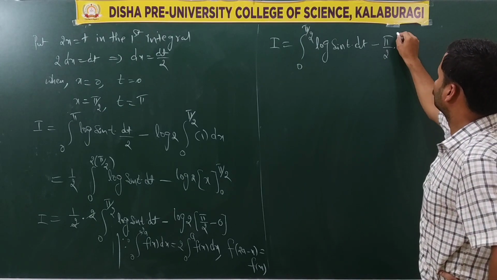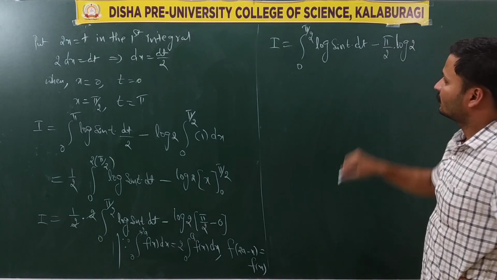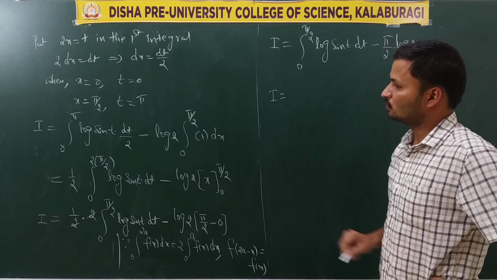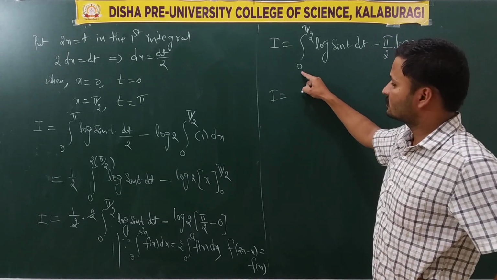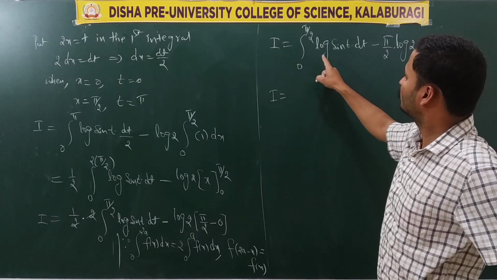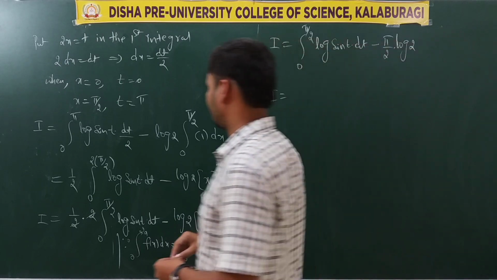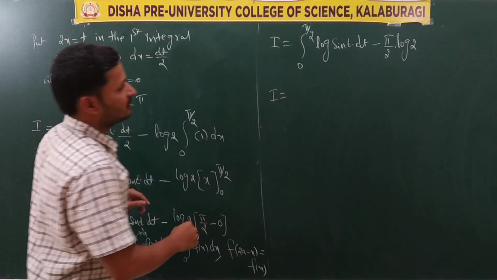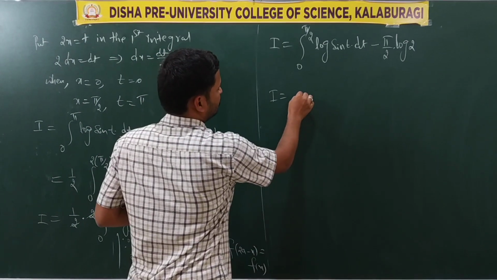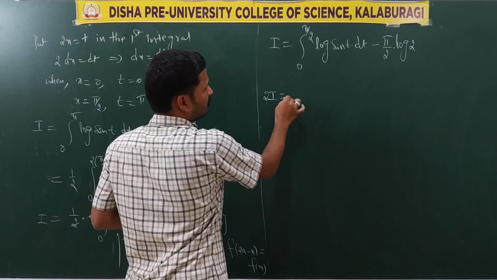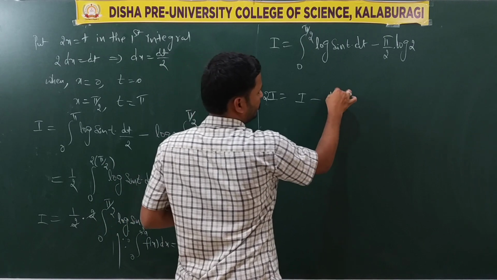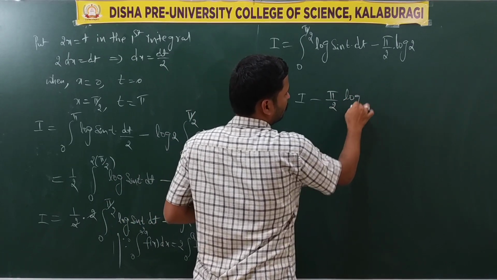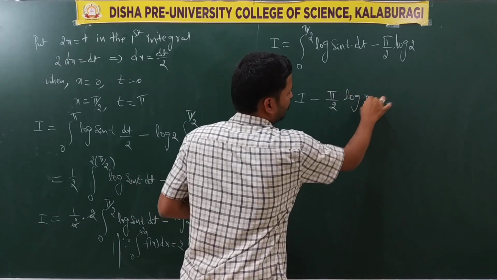Now I equals the integral from 0 to pi by 2 of log of sin t, so add the two: we get 2I equals I minus pi by 2 log of 2.